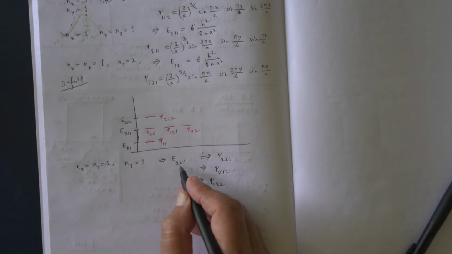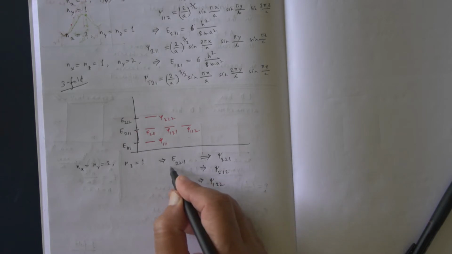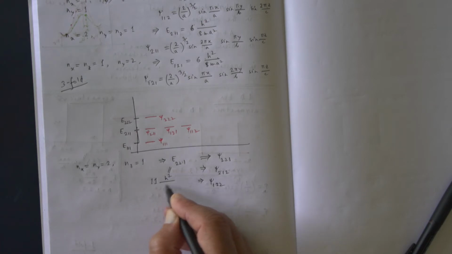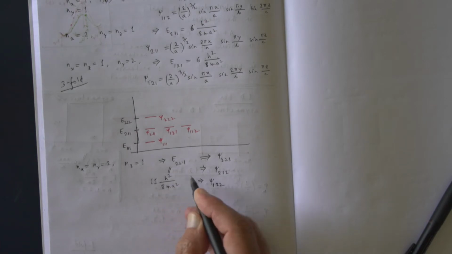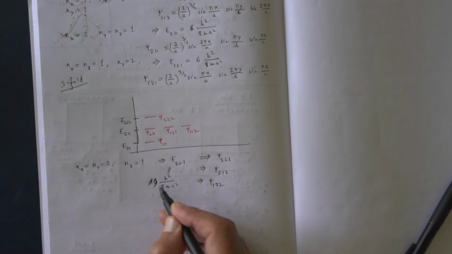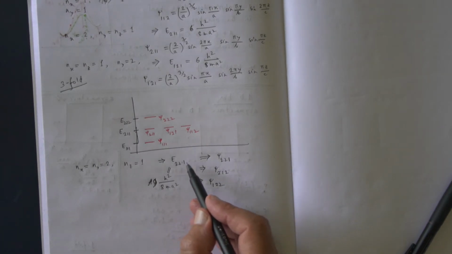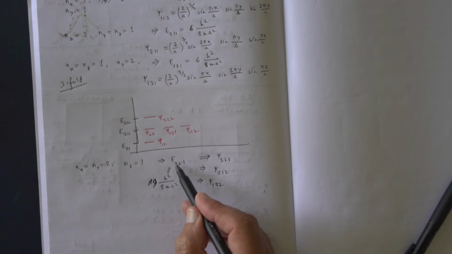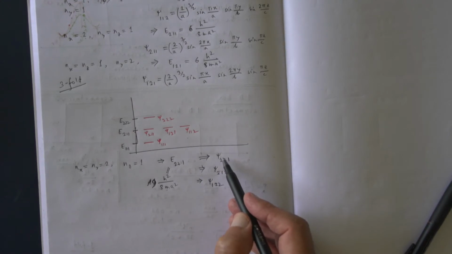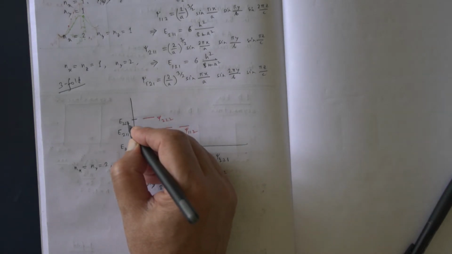And what is the value? 4 plus 4 plus 1 is 9, not 11, 9. This energy level will be equal to 9 h square by 8 m a square.